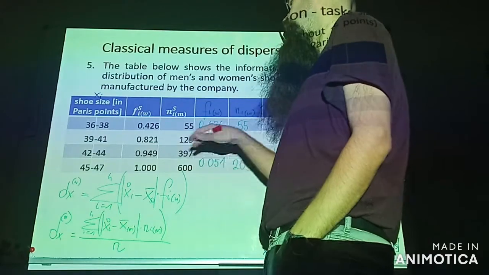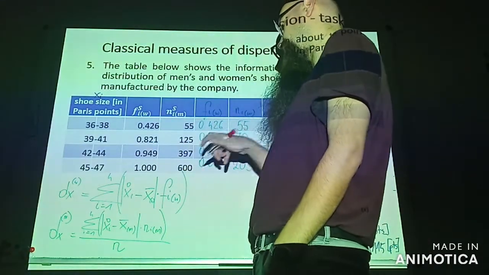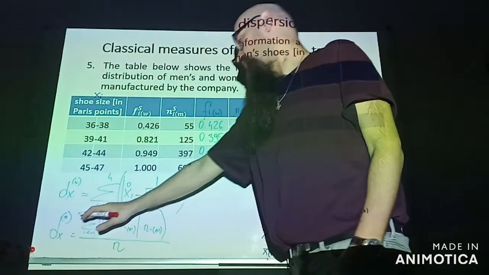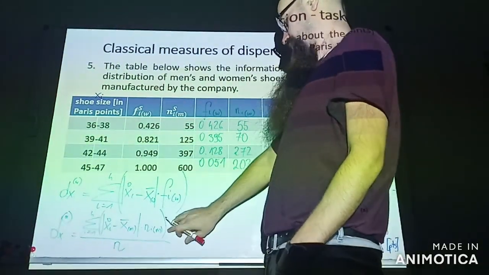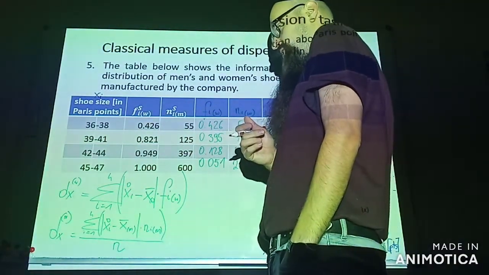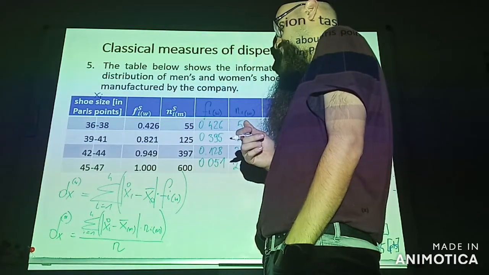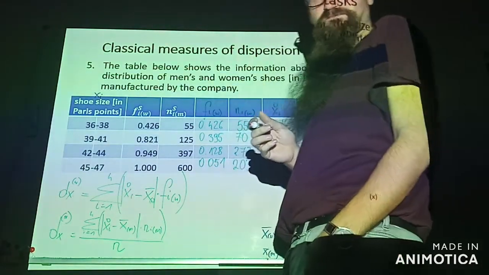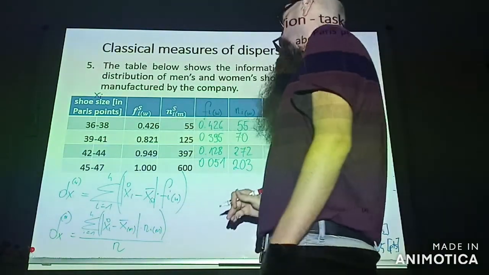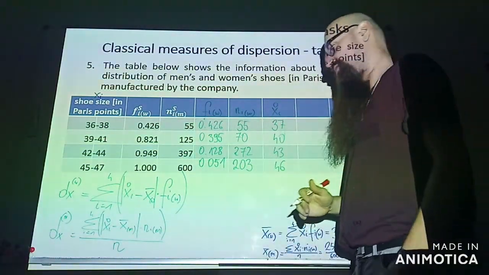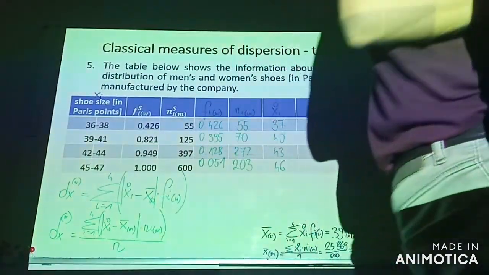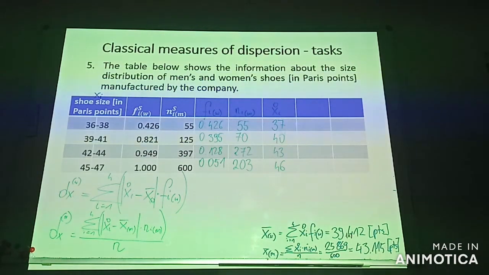So we have to adjust our formula into the relative frequencies categories. Here we will use this formula in the computations of mean absolute deviation of men's shoe size, because here we operate by the frequencies, so in our formula there exist some frequencies.